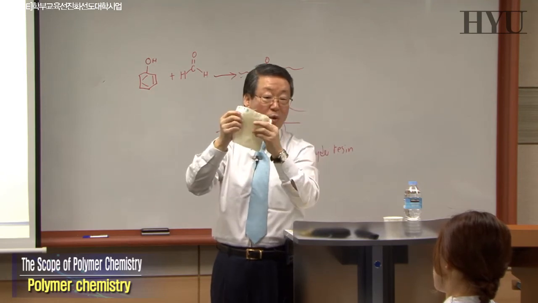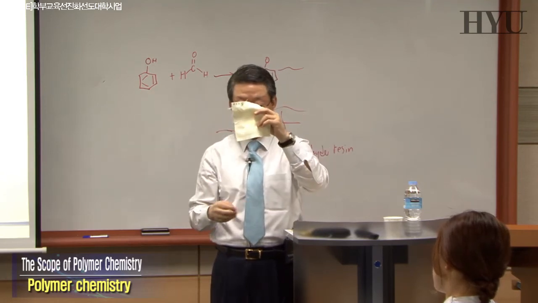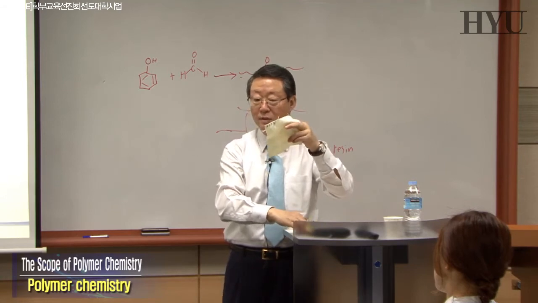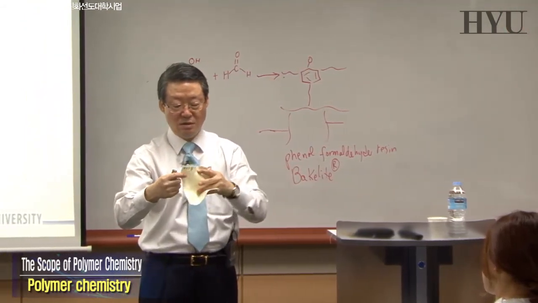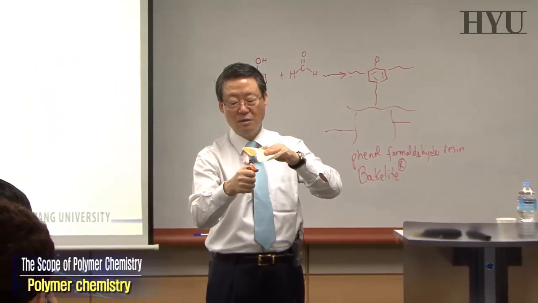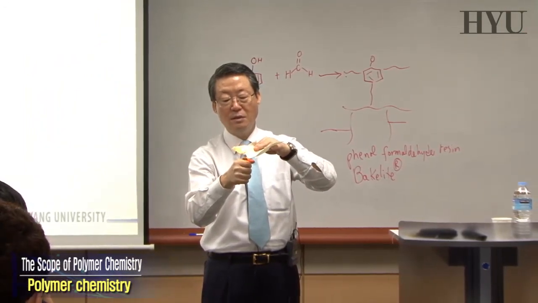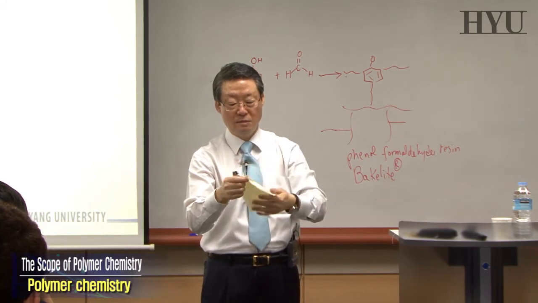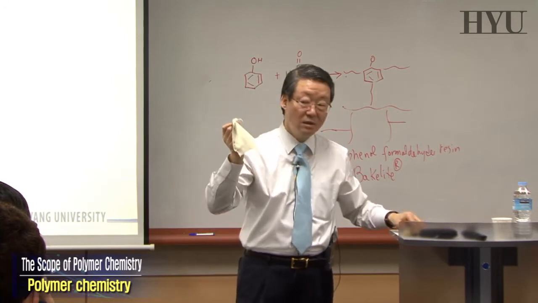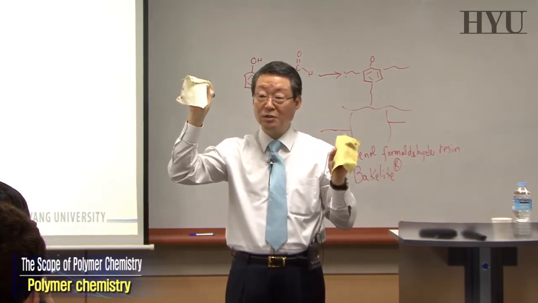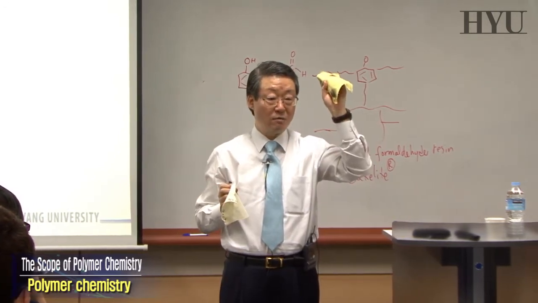The meta positioned one has a little color, and it will not burn as well because of the aromaticity. But it has less thermal resistance than this Kevlar fiber, right?